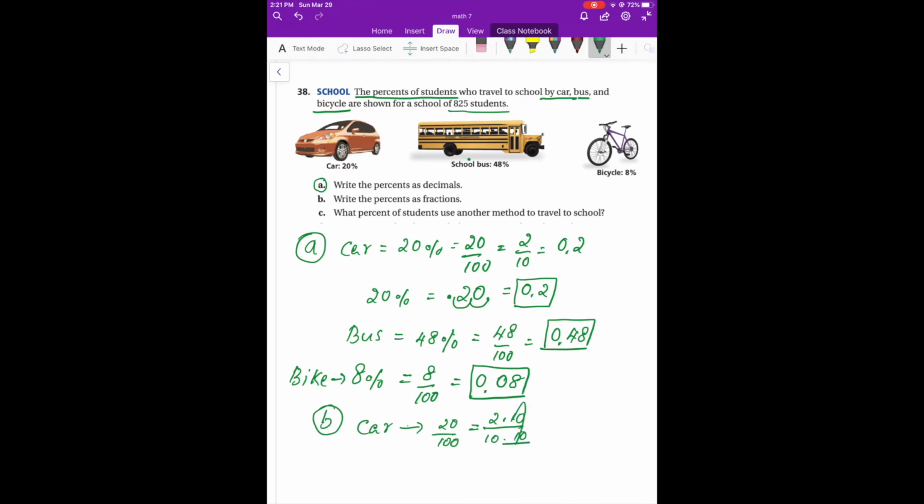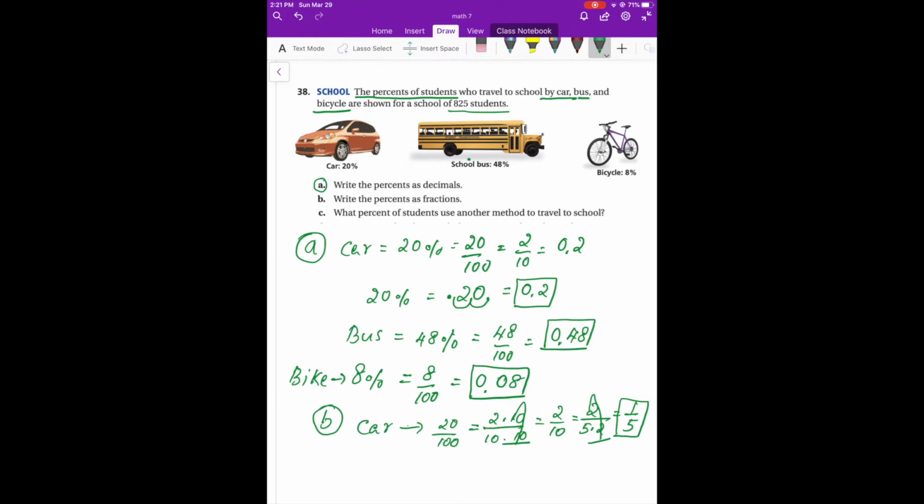So that's a 1, that's gone, and that is 2/10. But you can simplify that more: 2 over 10, you can write as 1 times 2 over 5 times 2. So again you will get a 1, so that will be 1/5. The simplest form is 1/5.